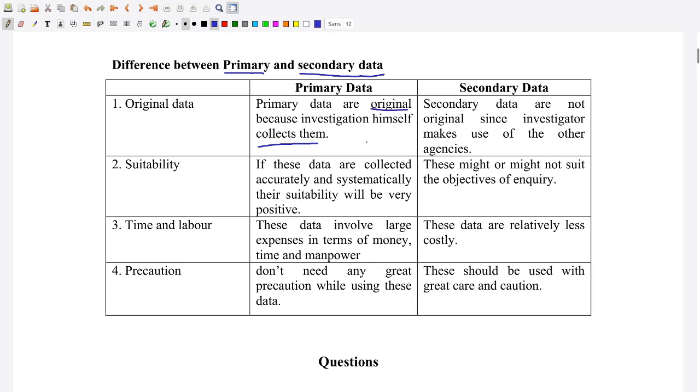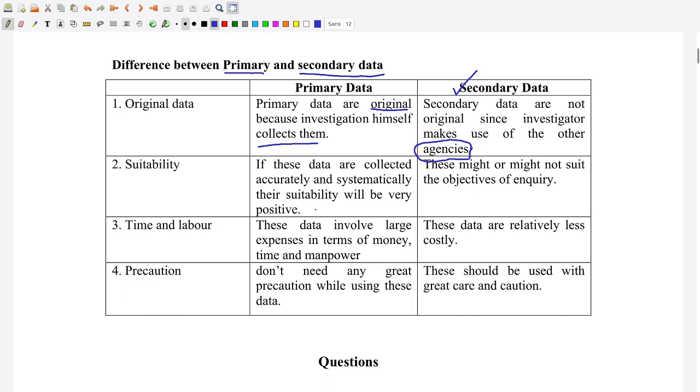Because you are authenticating it, you are verifying it. Secondary data is not original, because you ask someone else to go to that person and collect that amount of data from them, or you depend upon certain agencies from which you collect this secondary data. So this is not so original. Primary data is original.